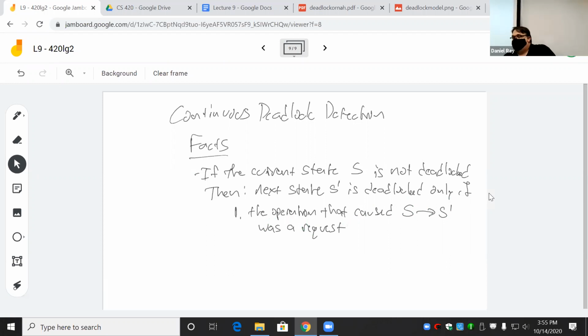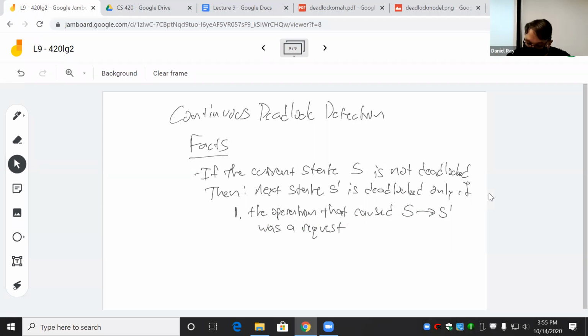The graph is not deadlocked. What are the three possible things that can happen? Acquire, okay, which means that it's available. Release, which just makes our lives happier. The only thing that can cause a new deadlock is a request. Okay?